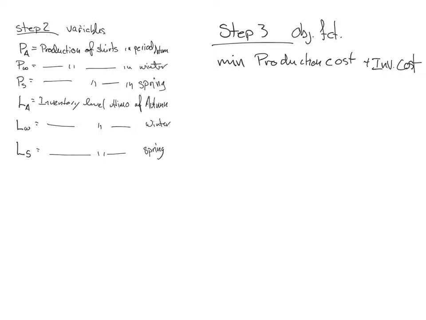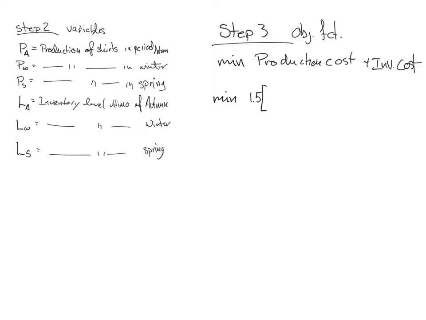So if we sum here, we start by writing minimize. Then we know that we use 1.5 hours on a shirt, no matter what period it is produced in.